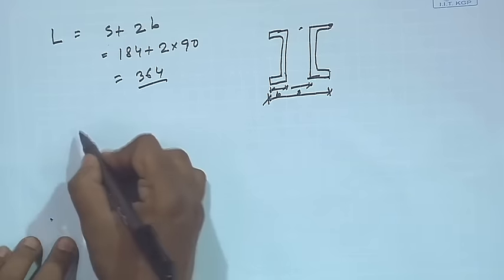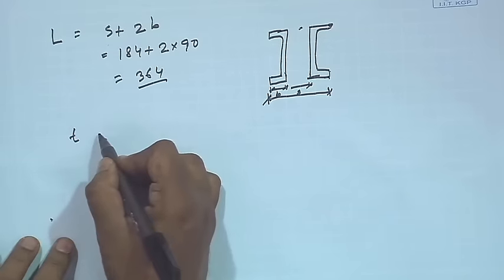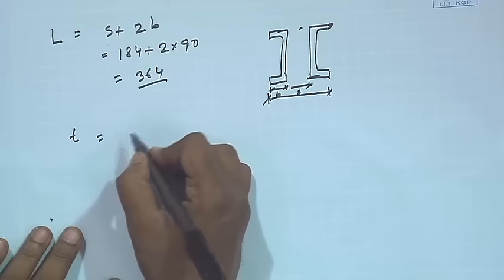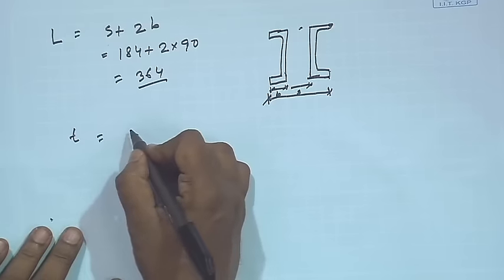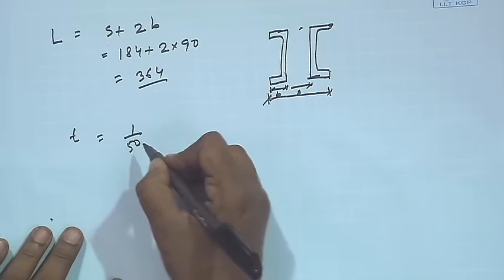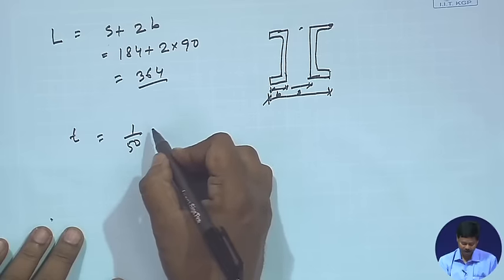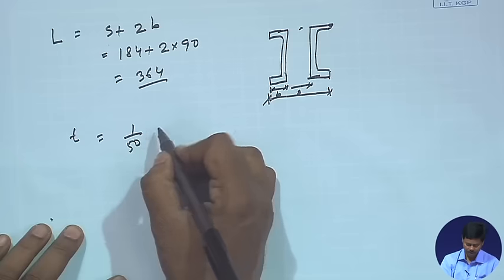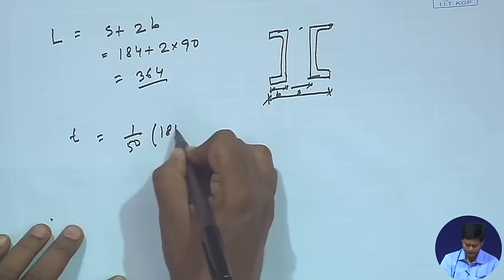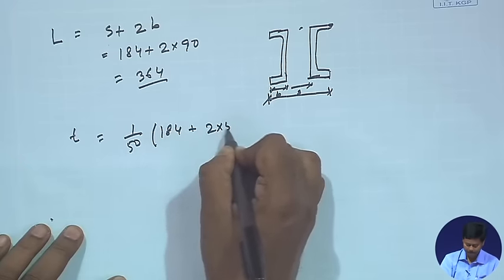Now, thickness of the tie plate we have to find out. Thickness is, as per the code provision, 1/50th of the distance between inner bolts. So, in this case it will be 184 plus 2 into 50.